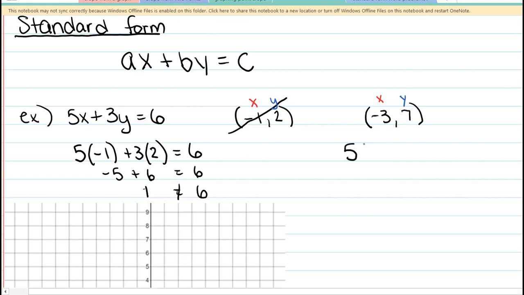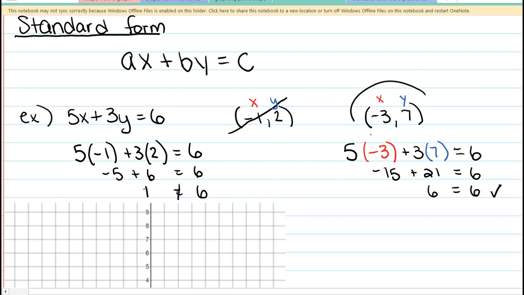So 5 times -3 plus 3 times 7 equals 6, and we're just going to check. -15 plus 21 equals 6. When I add those, I do get 6. So the point -3, 7 is on the line 5x plus 3y equals 6.